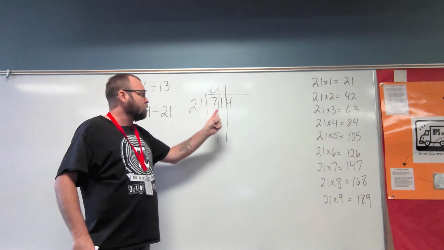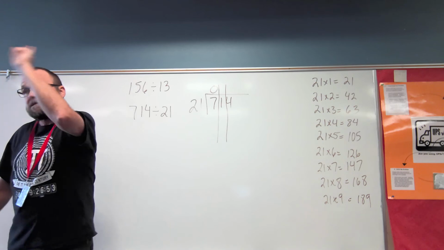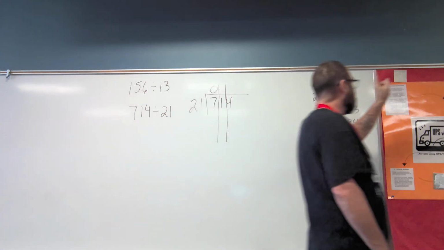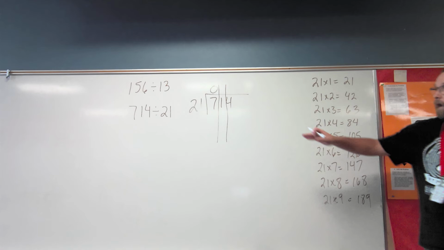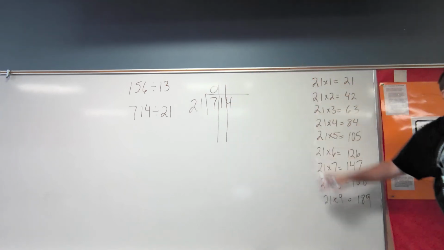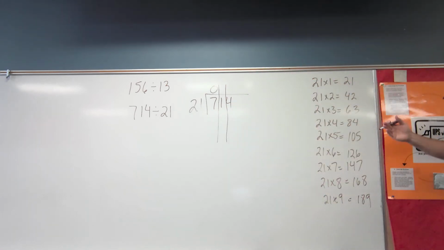Now I ask myself, will 21 go into 71? And my answer is yes. If I hadn't written all this out, I would just have to guess how many times 21 went into 71.